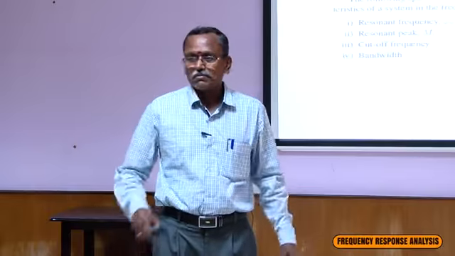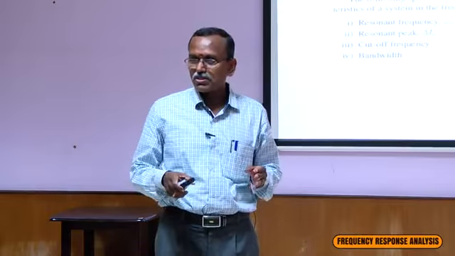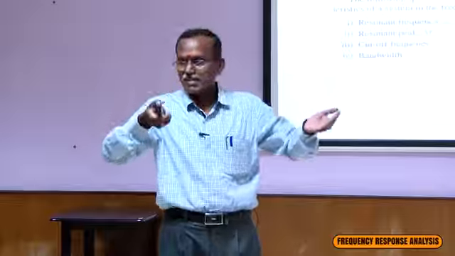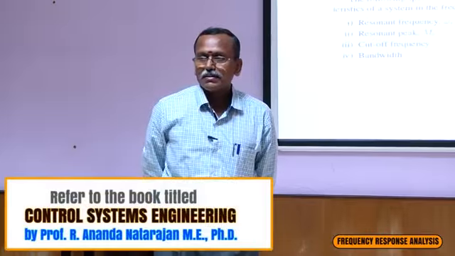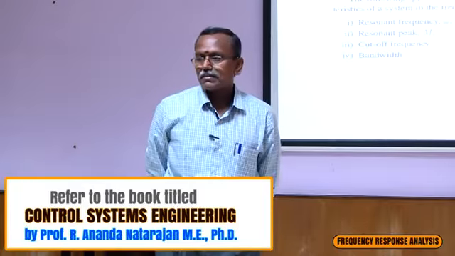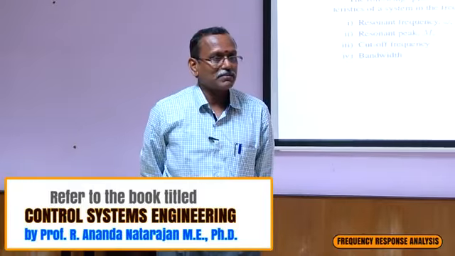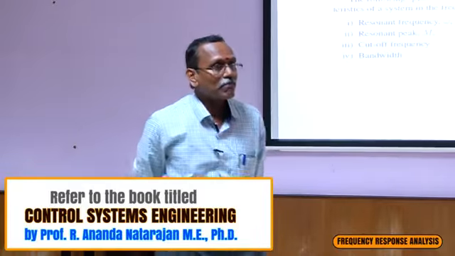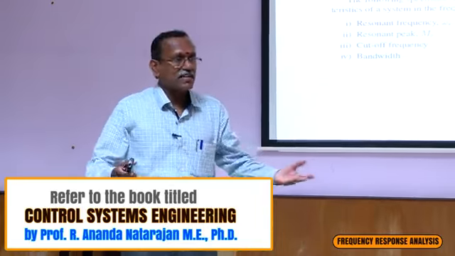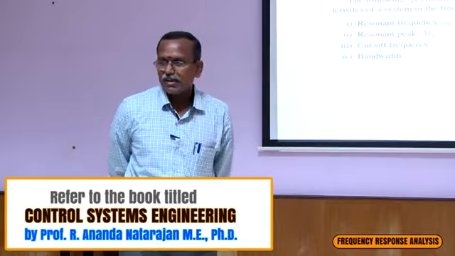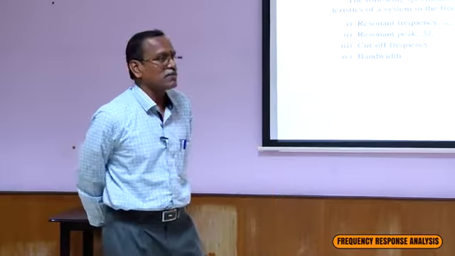Then overshoot; we don't want large overshoots, so we take overshoot as a measure. Then steady state error. Any other time domain specification? Delay time: how much time it takes to respond to a given input. So these are all time domain specifications.